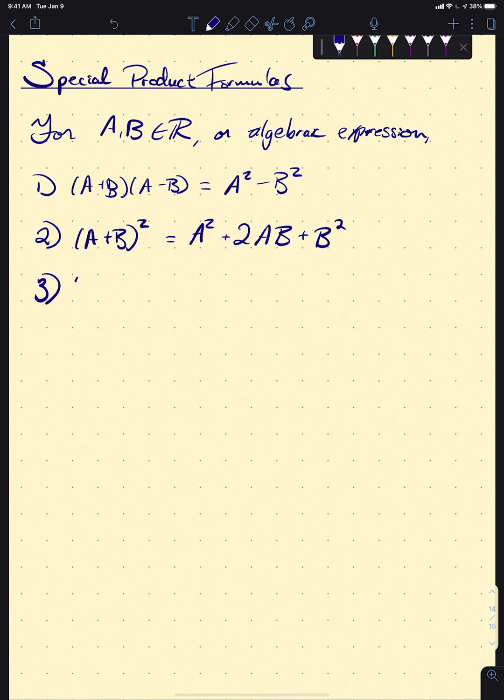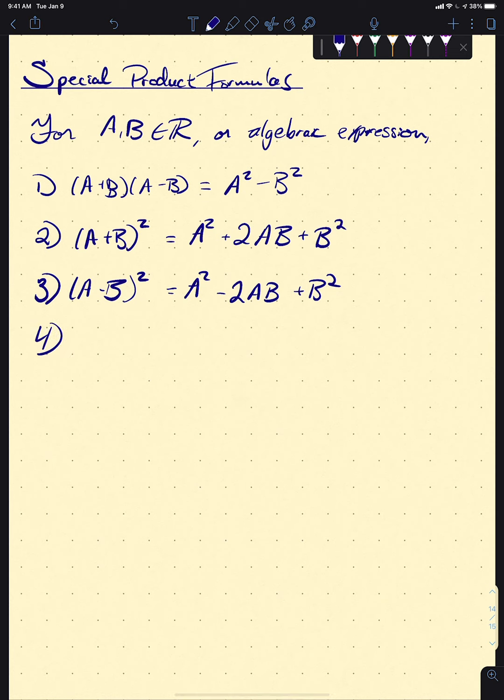Similarly, if we have A minus B all squared, that's A squared minus 2AB plus B squared. In fact, with some simple algebra, this one here will directly give you this one, right? You just let B here equal minus B, and you carry on some arithmetic.